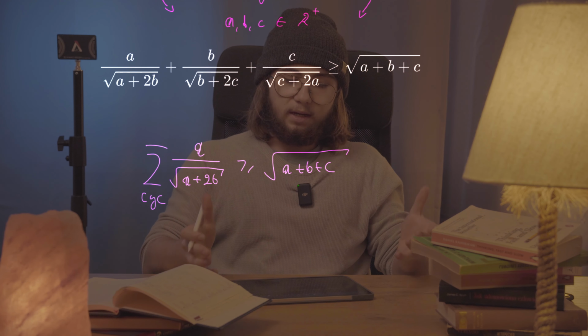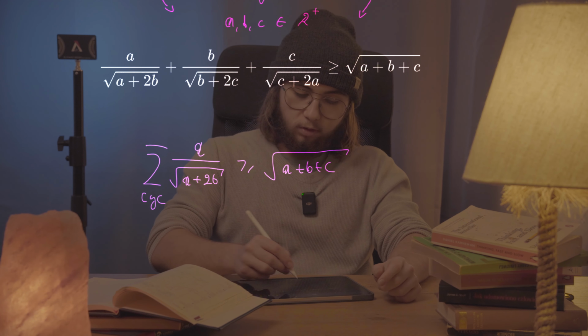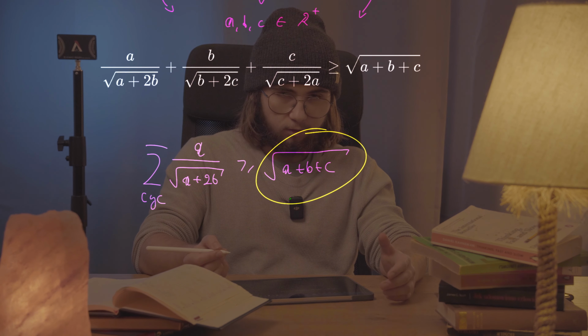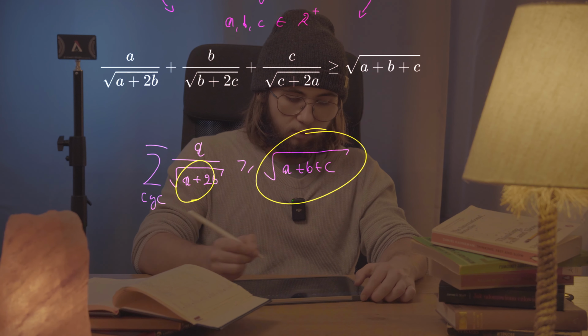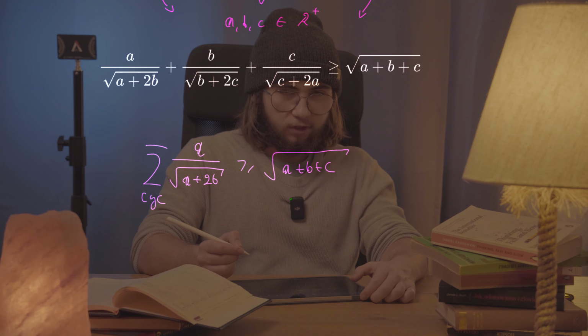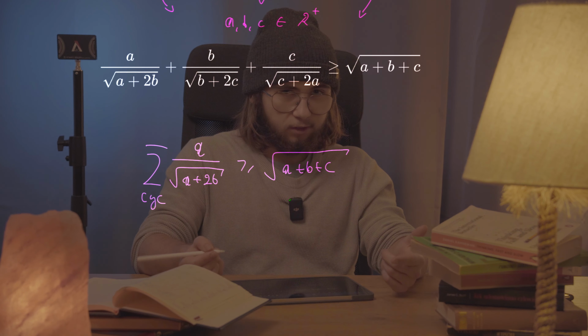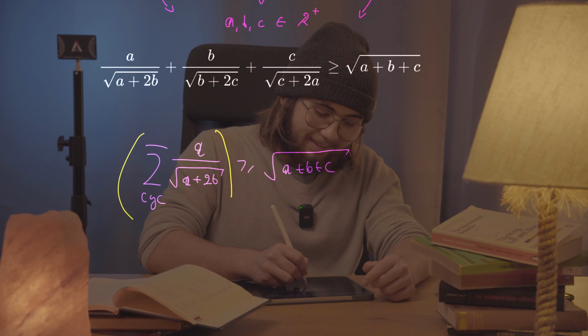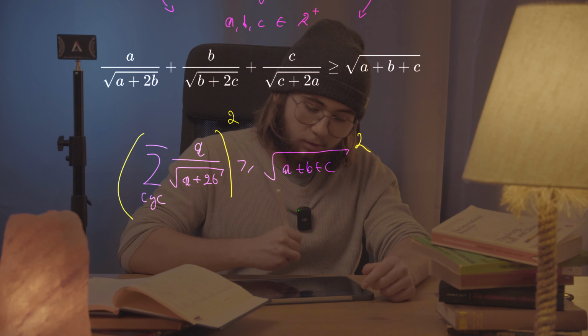Well, it would be pretty nice to get rid of the square root on the right-hand side. So maybe squaring. What will squaring do to my left-hand side? Well, it would be pretty much just multiplying this sum by the same looking sum. So by Hölder, I would get rid of the square root from the denominator. Both sides of this inequality will benefit from that, so let me go on and square both sides of this inequality.